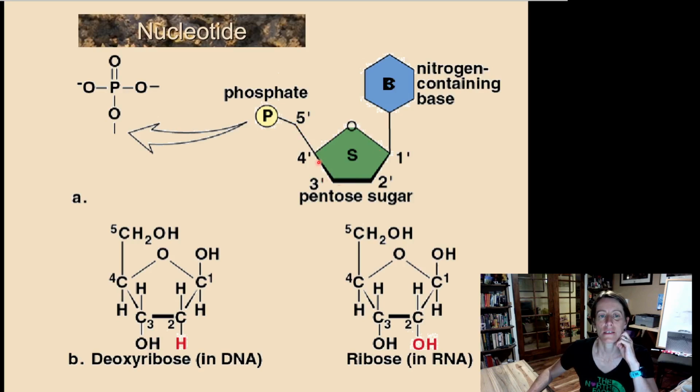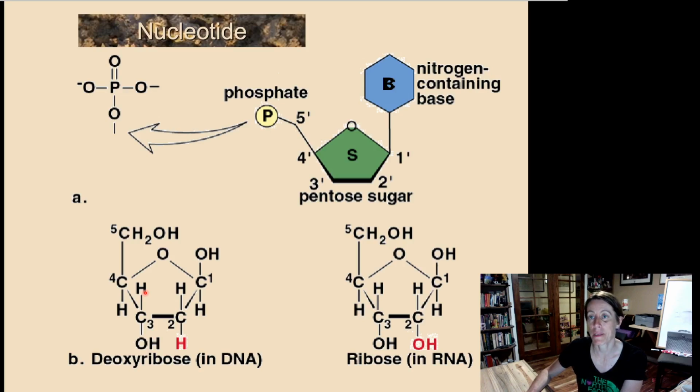And this green pentagon, which is symbolizing a sugar, can either be this molecule here or this molecule here. And so this sugar could be either a sugar that we call ribose, or it could be a sugar that we call deoxyribose.